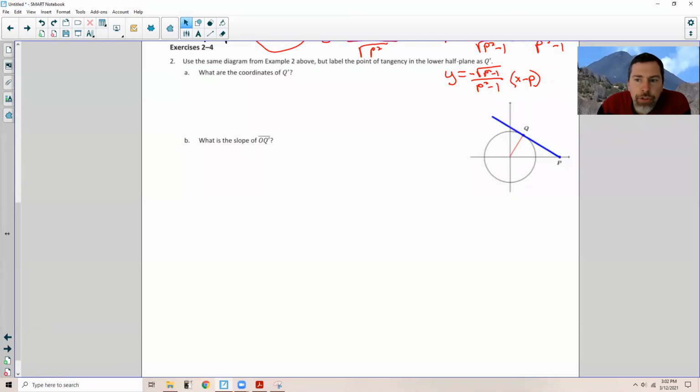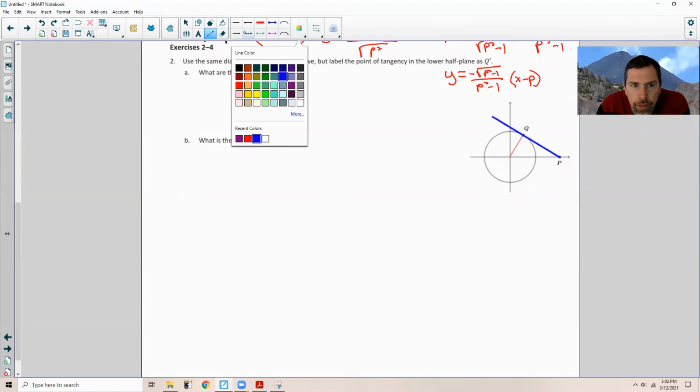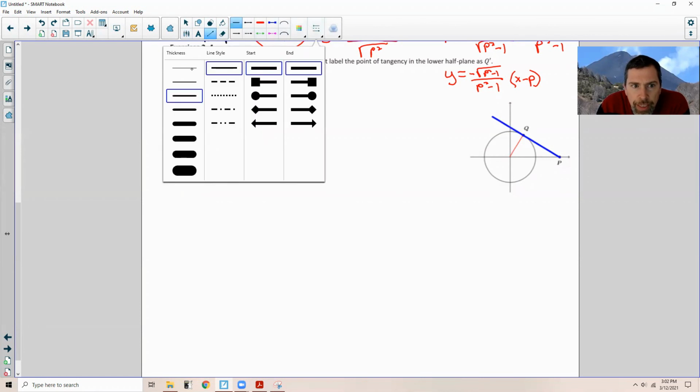Okay, so now we're on to exercise 2 on the same page. I just brought down the diagram because it says use the same diagram from example 2 above, but label the point of tangency in the lower half plane as Q prime. So what they're saying is Q prime is going to be in the lower half plane. So I need to draw a radius.